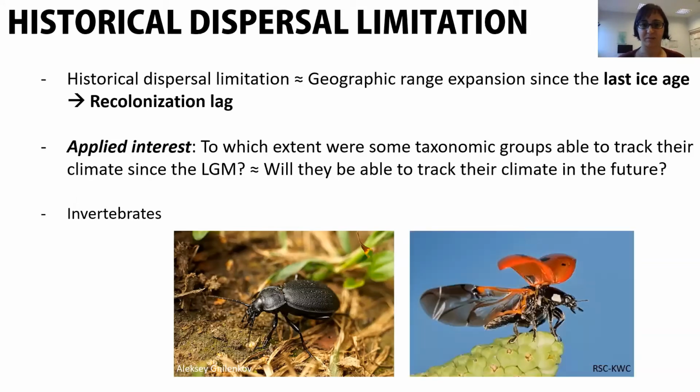Some invertebrate groups, like arthropods, have morphological characteristics that can be related to their dispersal ability.